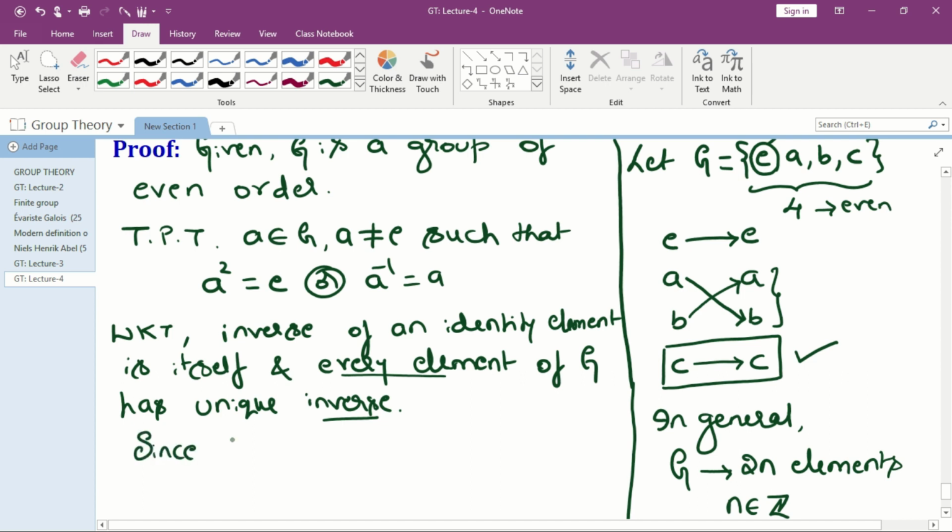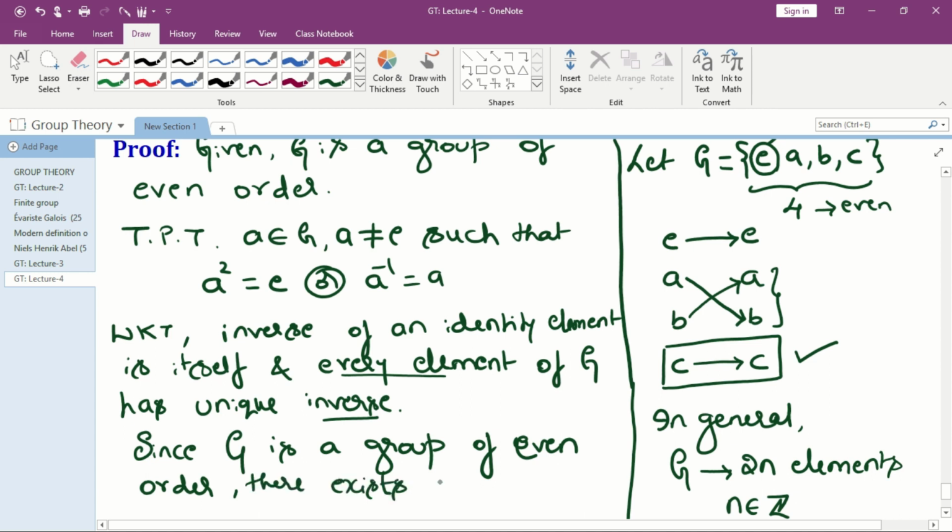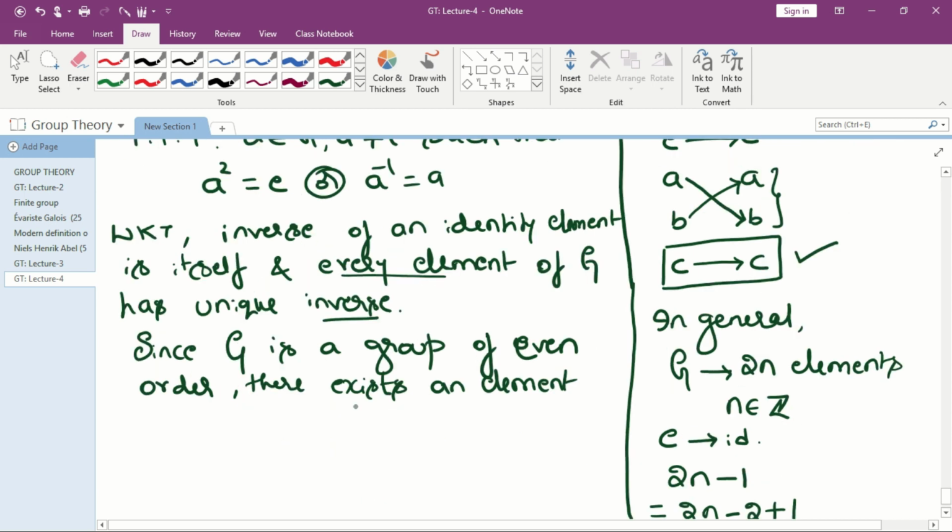So, since G is a group of even order, there exists an element, which we shall take as A, which is an element of G, and also this is not an identity element, such that its inverse is itself.